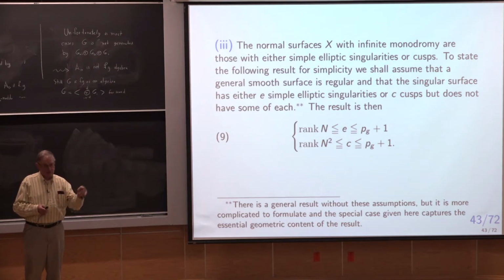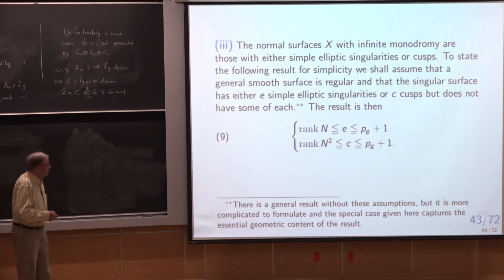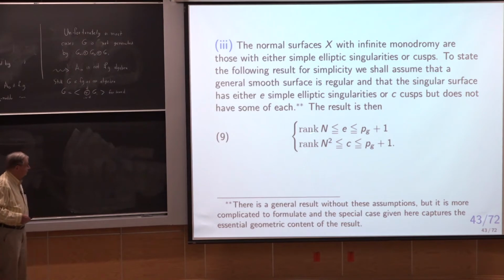Just like an elliptic curve, a cubic curve, can degenerate into a cusp. That sort of thing happens in singularities. So Hodge theory tells you how many elliptic singularities you can have. It's very interesting. It gives a bound from below and above, and it tells you how many cusps you can have.